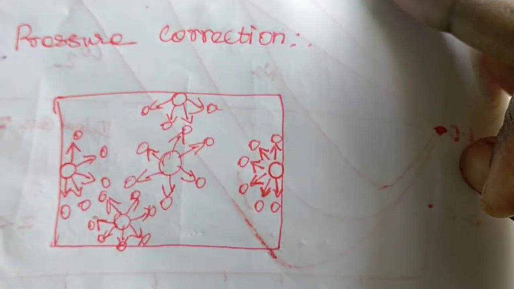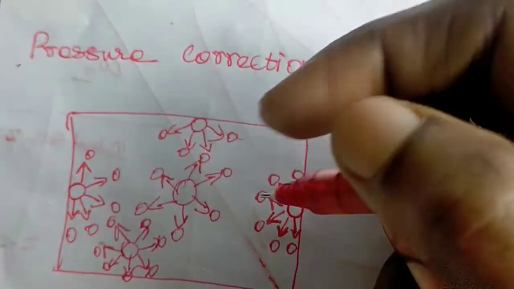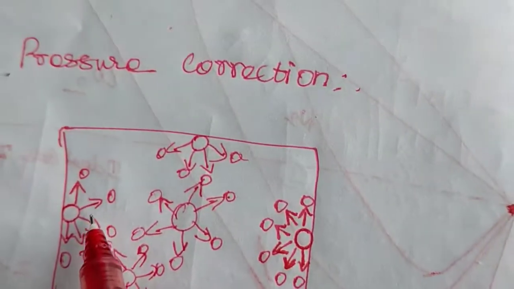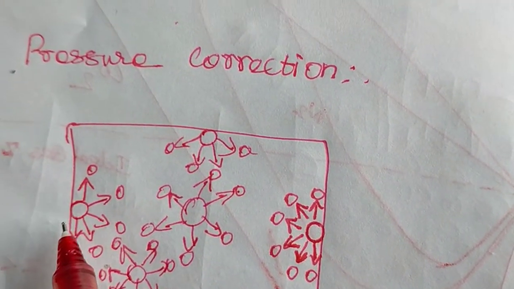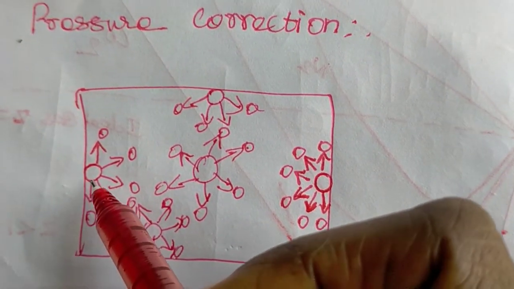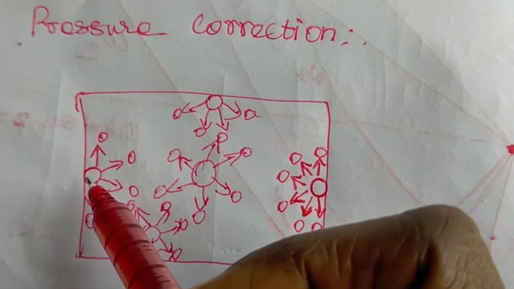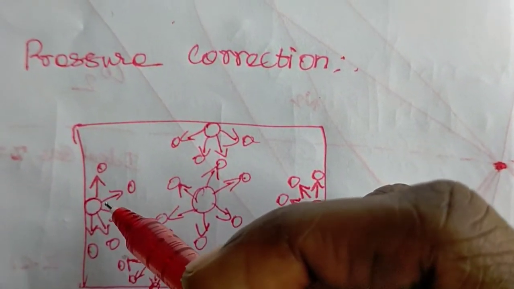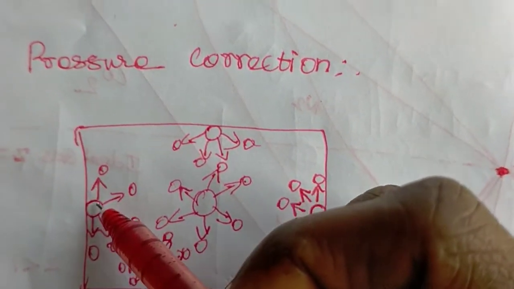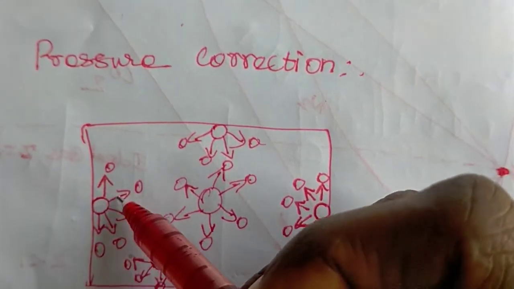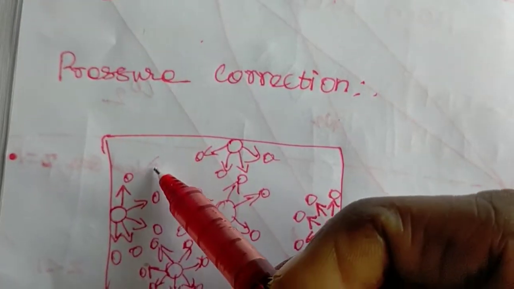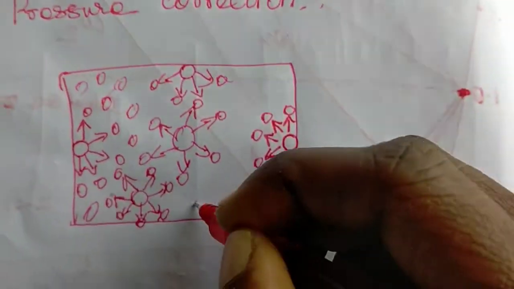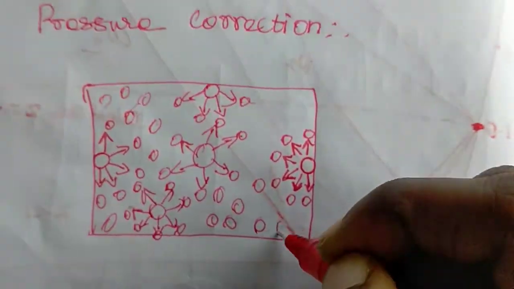See this, a container contains some amount of gas. These are the gas particles. When a gas particle is bombarded or hits the inside surface of the wall, it creates some force, and also this molecule is attracted towards the other molecules present in the container.